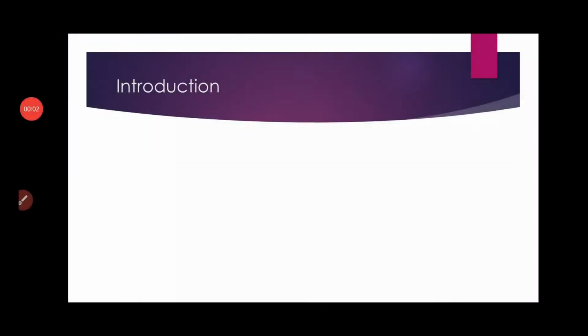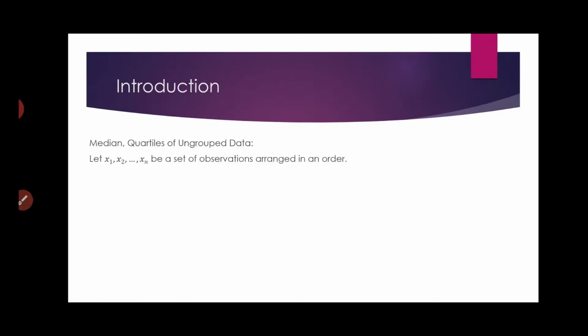Now let us take the next topic, that is trying to find the median and quartiles of ungrouped data. In this process we are also going to try finding out the deciles and percentiles as well, which we are going to give as a corollary. Ungrouped data means the data are given as it is, not grouped in the form of frequencies.